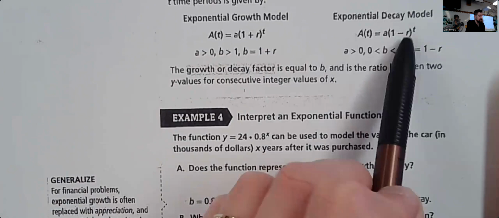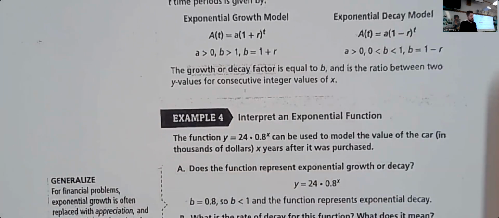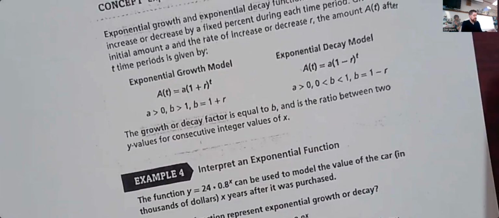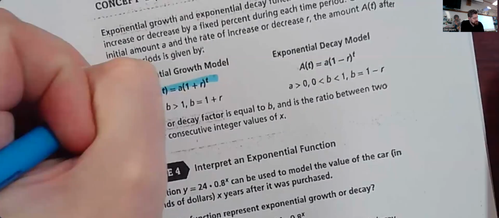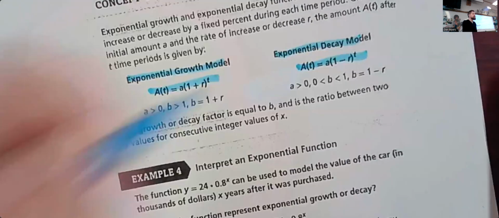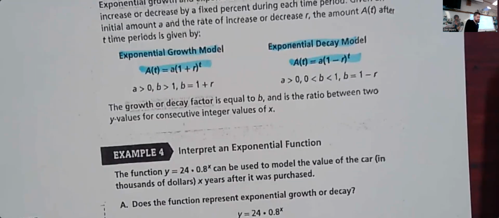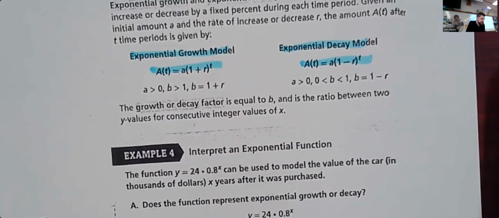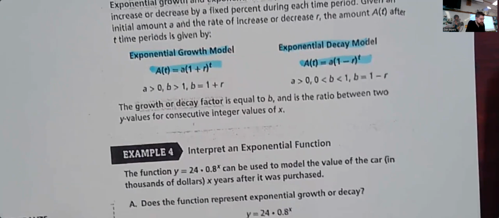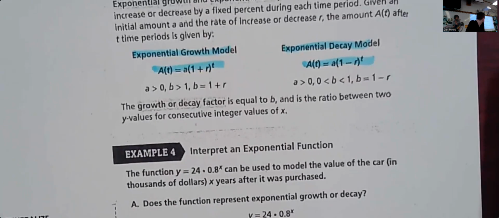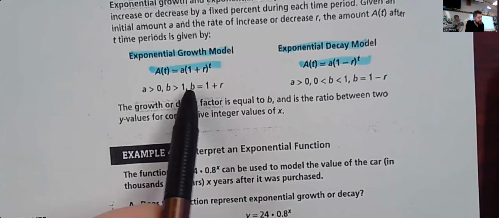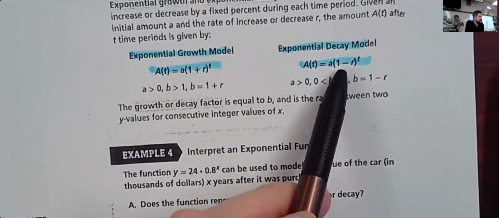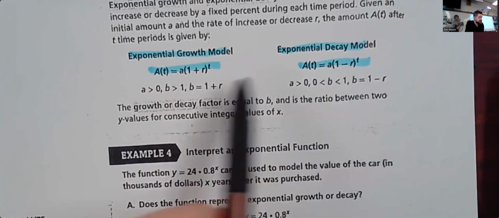If you have a highlighter, those two equations are going to be pretty useful. A is the initial value. The growth factor or the decay factor uses the rate.